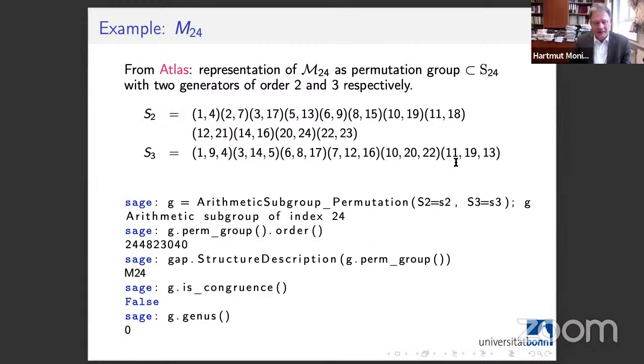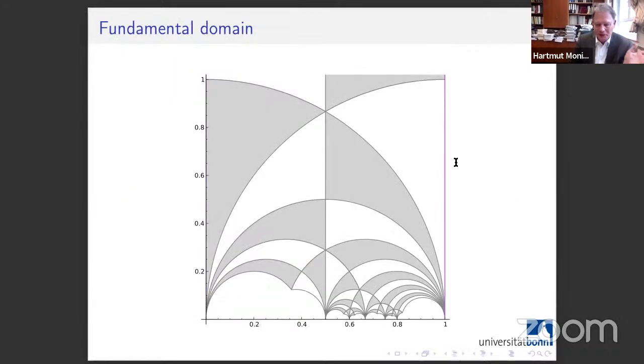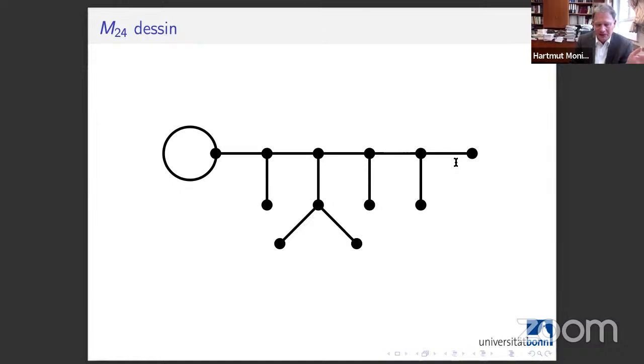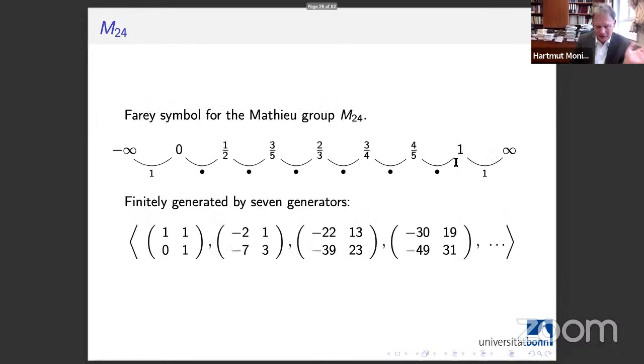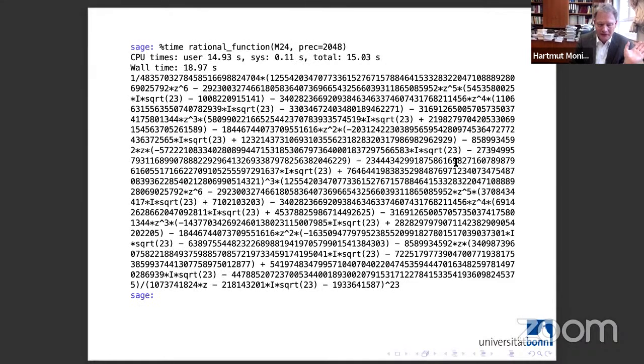Here it's done explicitly so that you remember. You have basically all the information, including the fundamental domain, the Farey symbols, and the generators, which is enough information to obtain the rational function, the Belyi map, directly in Sage.